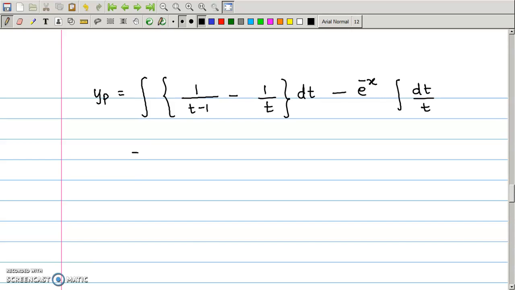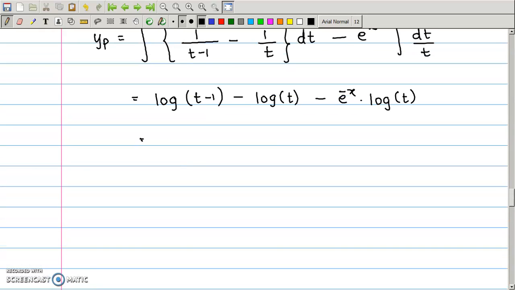If we take the integration, this will be log of t minus 1 minus log t minus e raised to minus x into log t. So this will be the value of integration.